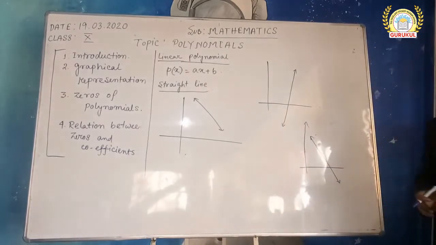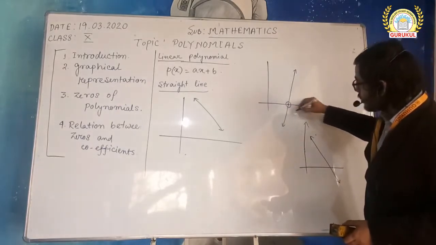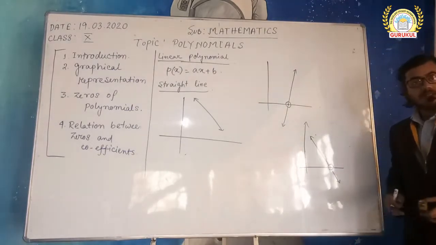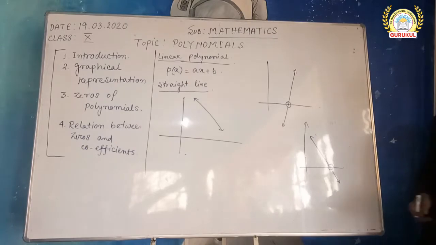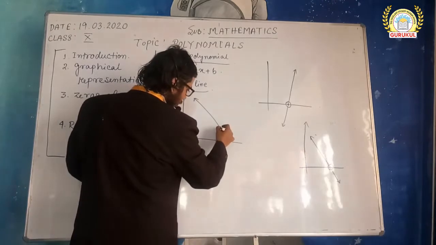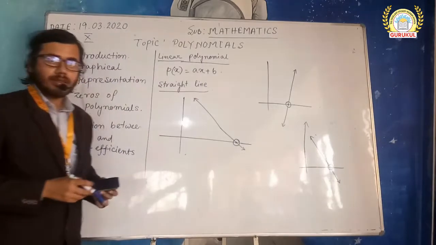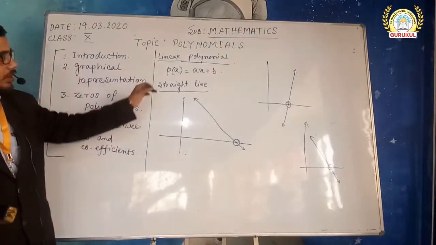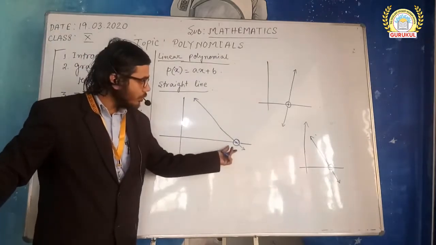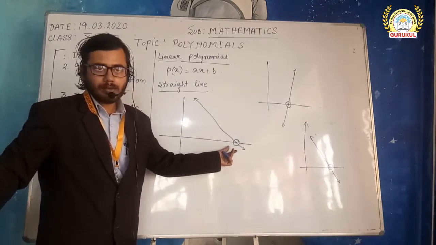In these three pictures, you can easily see that this straight line intersects the x-axis at one particular point. Now in case of this, if you expand it this way, this will also intersect the x-axis at a particular point. So in each of these three cases you are getting a particular intersecting point where the line intersects the x-axis.